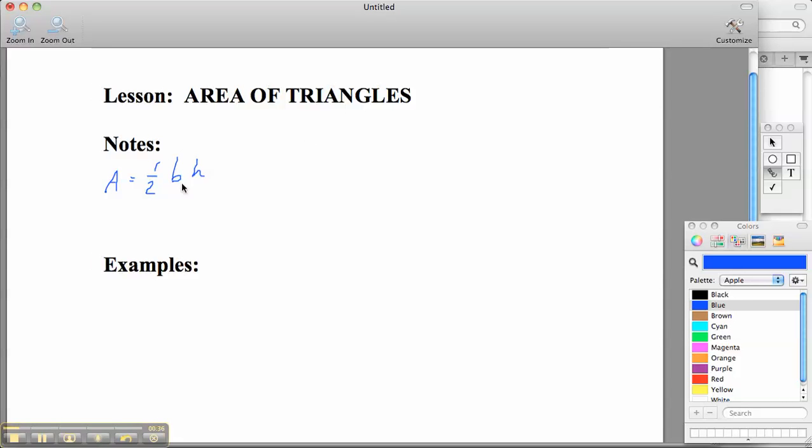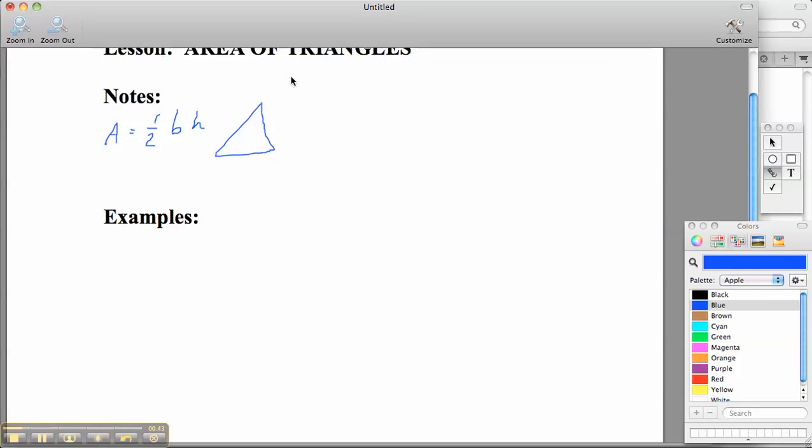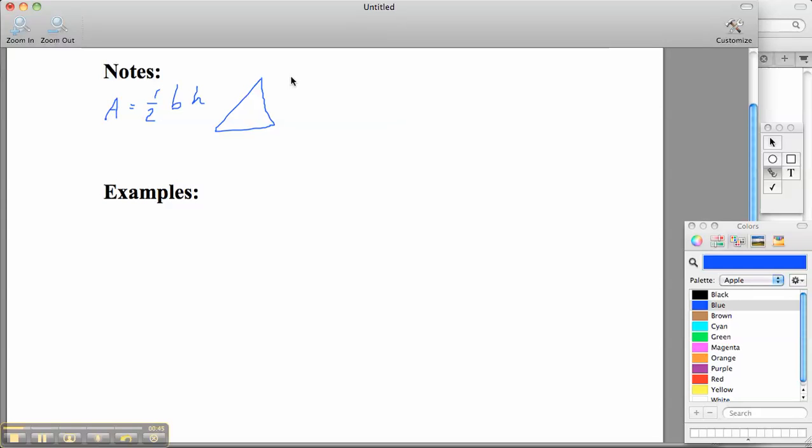That is the area for triangles. Okay, so let's now scroll down and do an example.